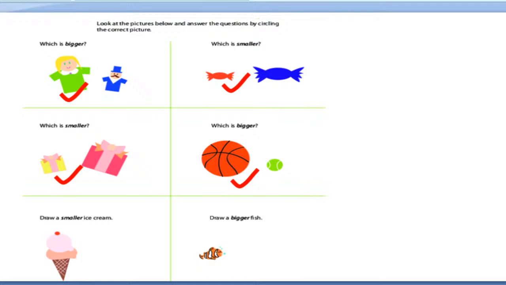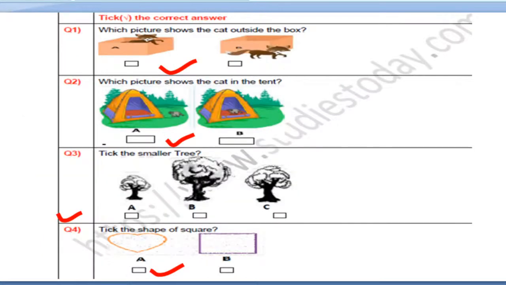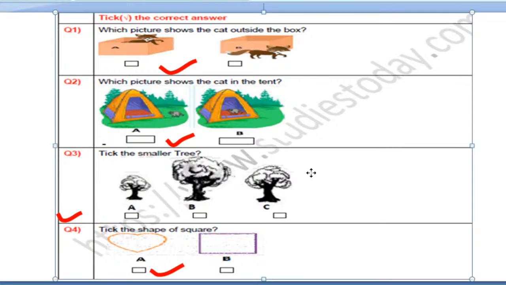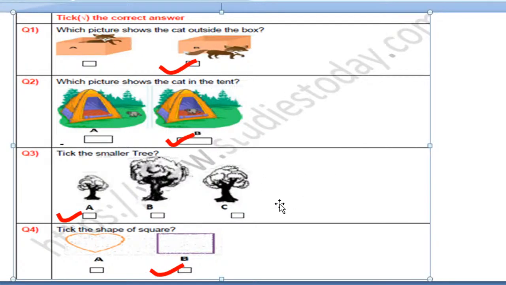Now let's come to another image. In this picture there are some questions given.